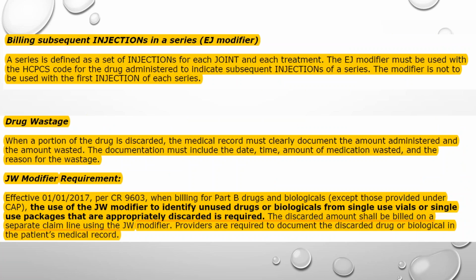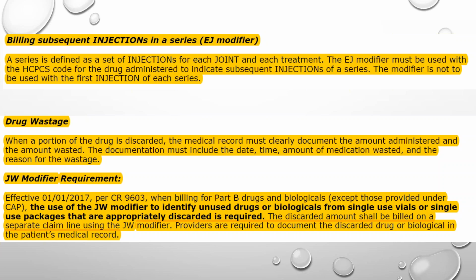If you are billing for a series of injections, and a series is defined as a set of injections for each joint and each treatment, you will have to use a modifier for the subsequent injections. So if you're coding a 20610, which is a large joint injection or a knee injection without ultrasound guidance, and you're going to do the first injection of Hyalgan and then 3 more injections 1 week apart, the subsequent injections will need to be coded with the EJ modifier.